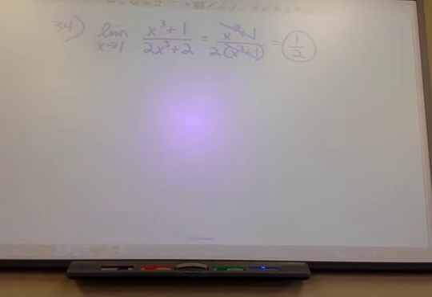So those are your properties for limits. So would you agree that if I asked you to do 44, and you already know from the instructions what the limit of f of x and the limit of g of x are, wouldn't I just multiply those? 3 times 4 would be 12. Okay? Using that property. Because they give you the limit of f and the limit of g in the instructions above 41. That would be good.